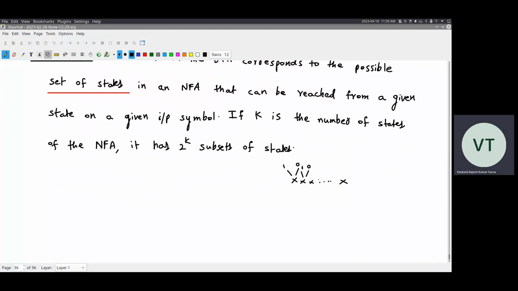Every particular combination of these sequences of zeros and ones is like a binary number with k bits. 1 indicates that particular element is present in the set, 0 indicates it is not present. So every different number gives you a different set. And how many such different numbers are possible? 2 power k. So 2 power k different sets are possible. This is basic combinatorics which you would have learned in school. So that is the reason why the cardinality of the power set is 2 power the cardinality of the original set.